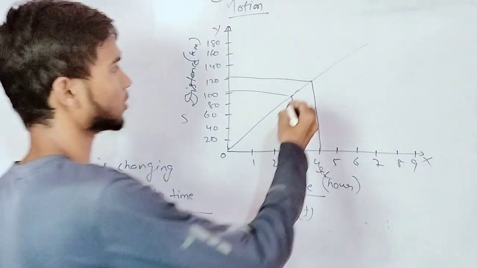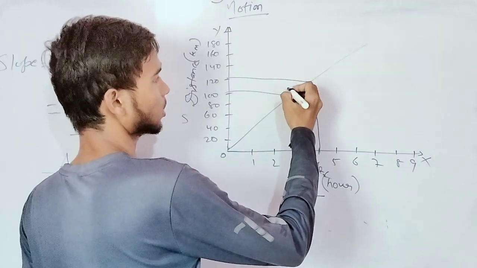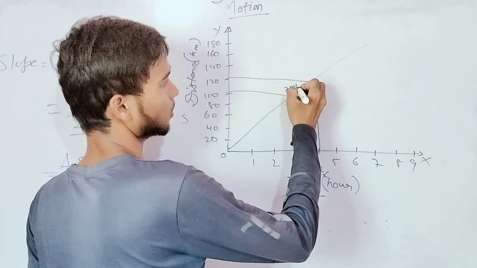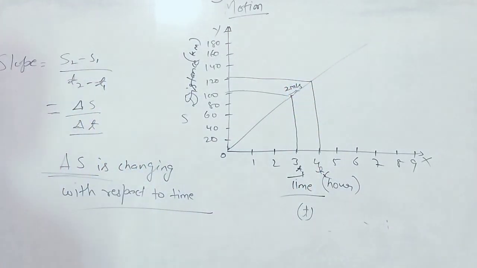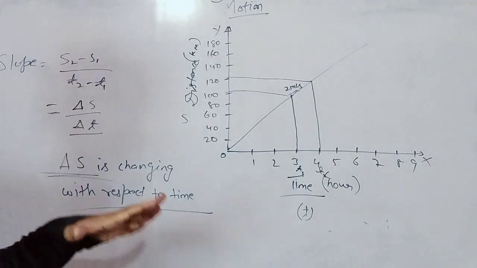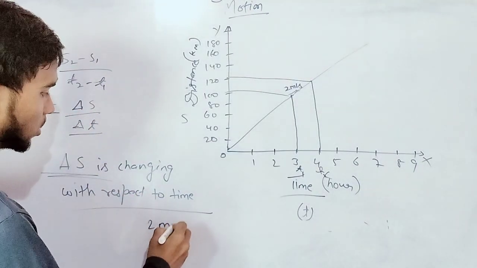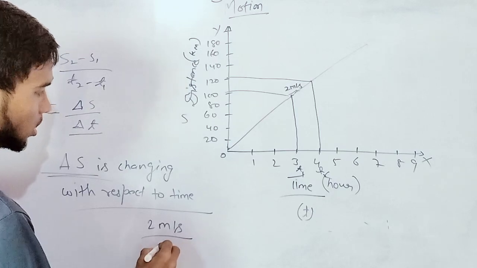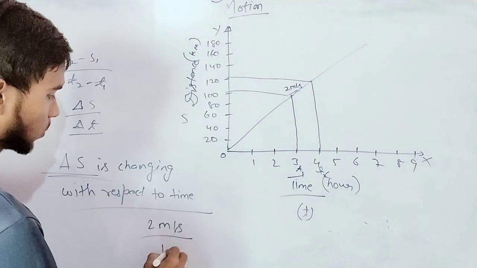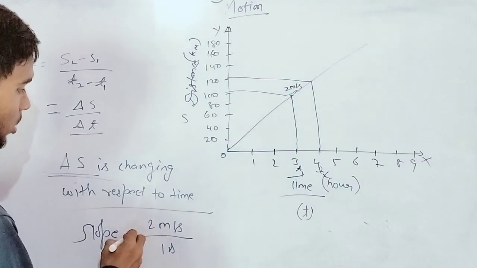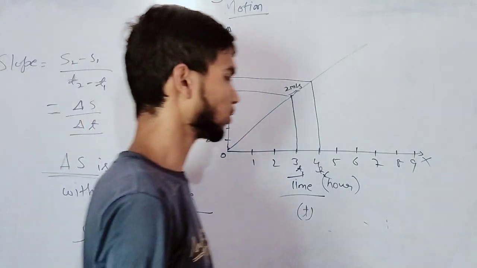Let's say from here till here it took 2 meter per second within 1 second. So of course, can we say 2 meter per second upon 1 second.